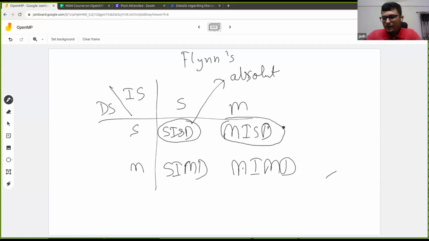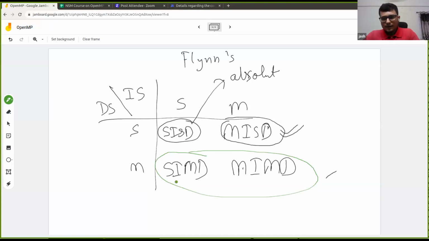Because of the lack of practical applications, there are very few MISD systems. But coming to SIMD and MIMD, we have many practical applications.